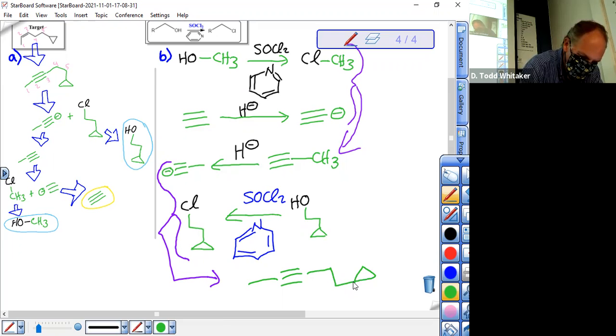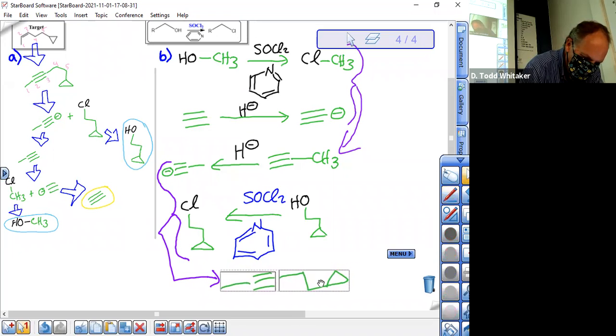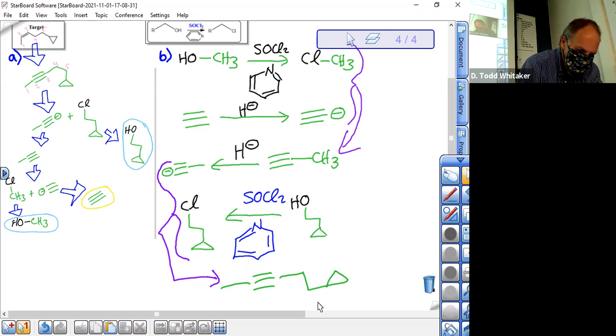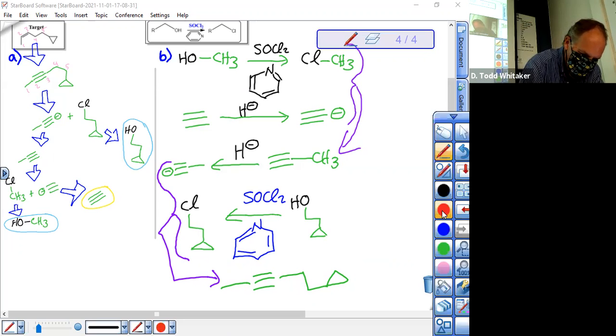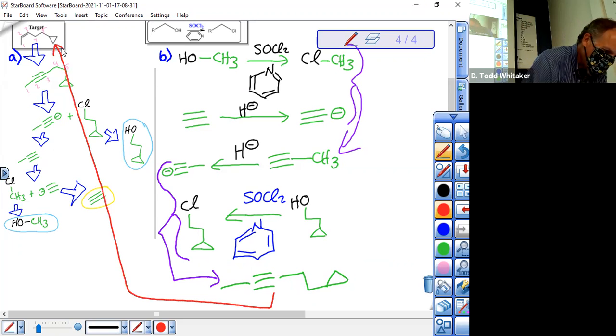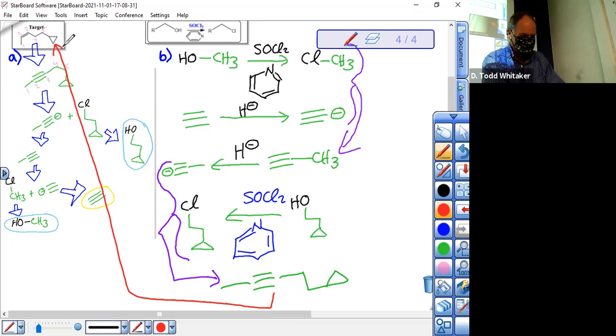Move that over just a bit. And then I'll do like the student did this morning. They just said, next step's going to make the target. So they drew an arrow right up to the target, like that. But you do have to tell me the chemicals.